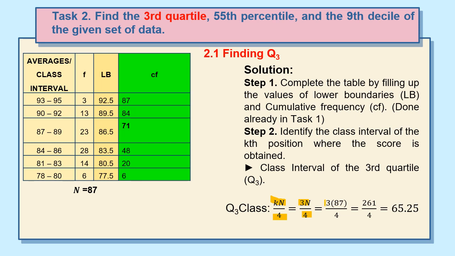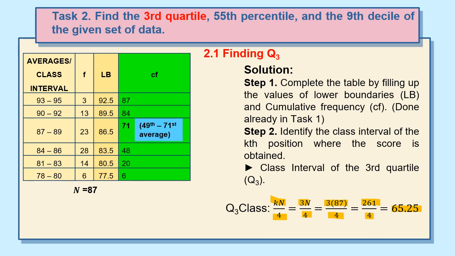Then we multiply 3 and 87 divided by 4. Next, we have 3 times 87 equals 261. Divided by 4, we have 65.25.